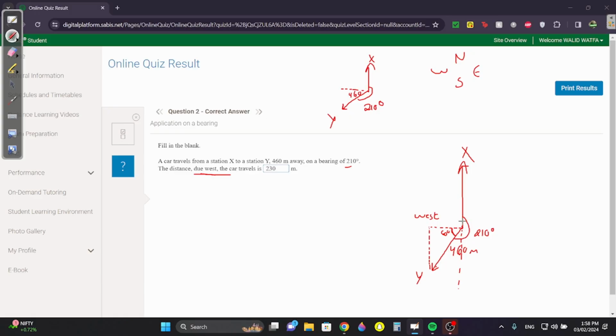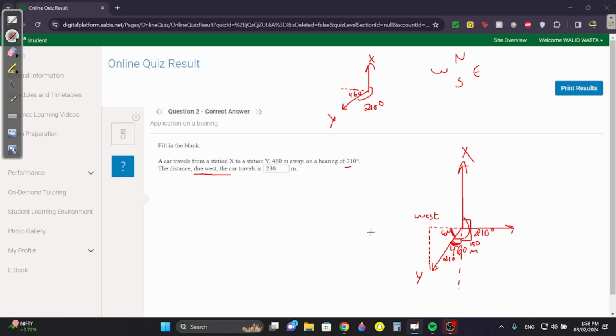Because if you look at the angles, it starts by going 90 over here, then down here it goes 180, and then over here it reaches 210. So this small part is 30 degrees, because it was 180, then it went to 210. So the rest of it will be 60 degrees. You kind of have to imagine it. This is going to be 60 degrees.